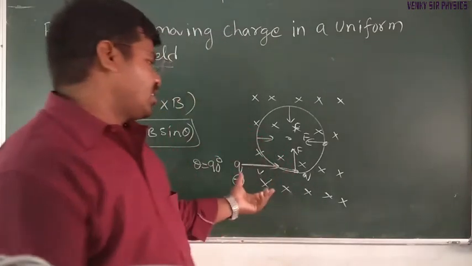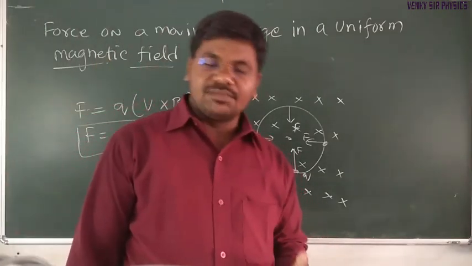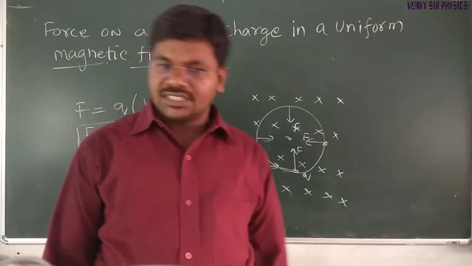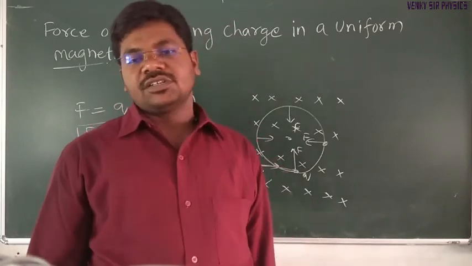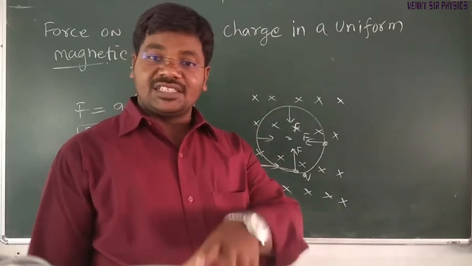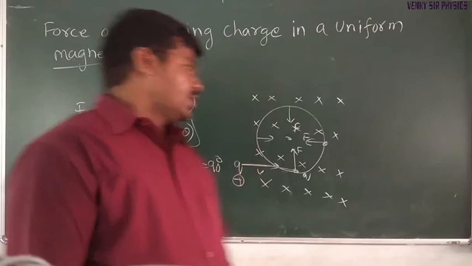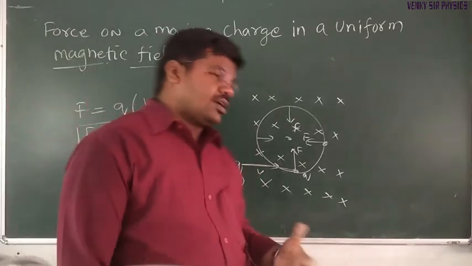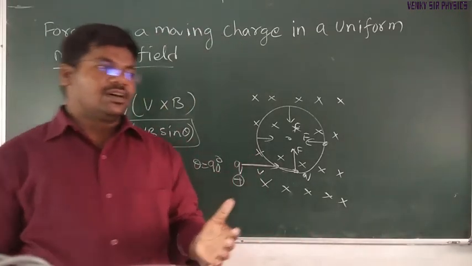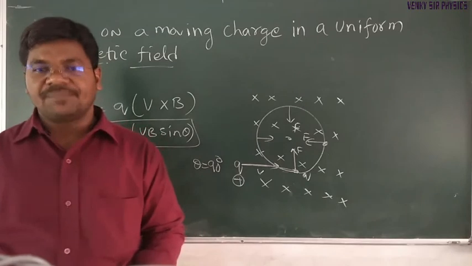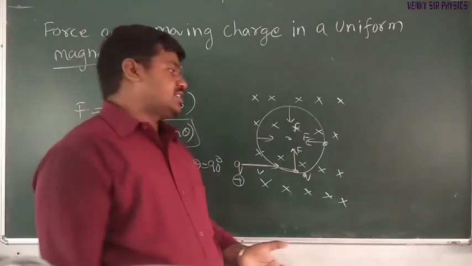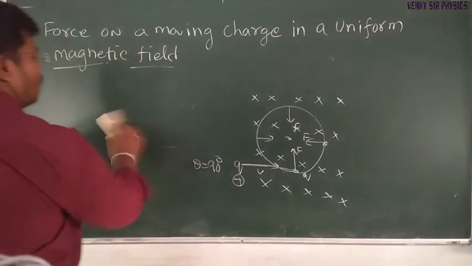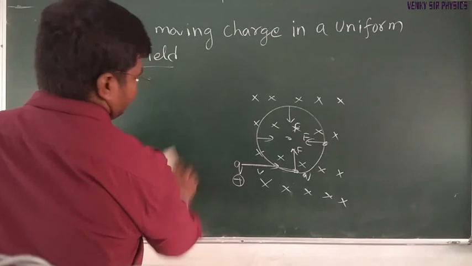From the circular motion, we have to find different parameters: what is the force, what is the charge, what is the radius of the circle. And what happens if the velocity vector is not at 90 degrees with the magnetic field? Understand? Now, how can we find the radius of the circle?